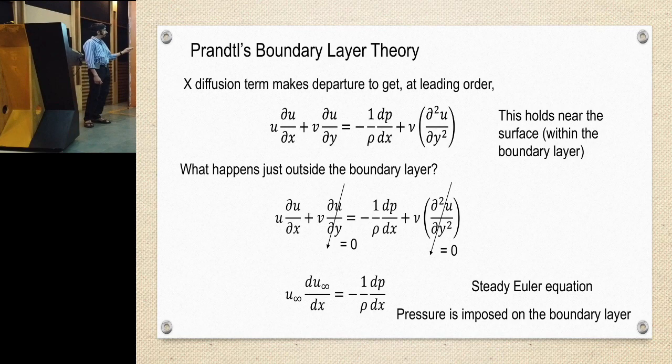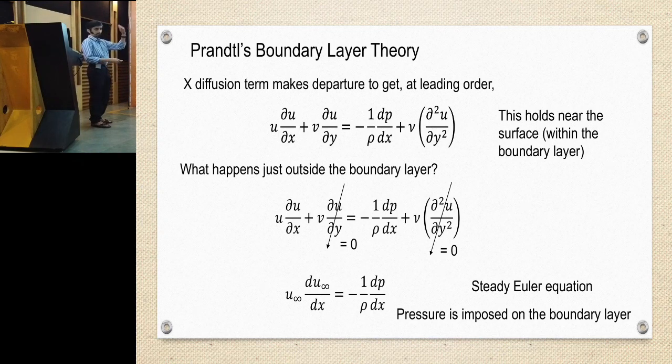And then if you evaluate this equation near the edge of the boundary layer, remember this u infinity is the velocity at the edge of the boundary layer. It actually reduces to Euler equation. So within the boundary layer, where the viscous effects are important, you get this equation. But just outside the edge of the boundary layer, the viscous effects can be neglected, the velocity gradients become very small, and it reduces to Euler equation.